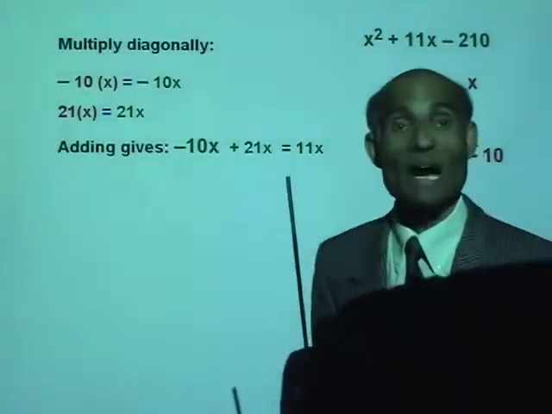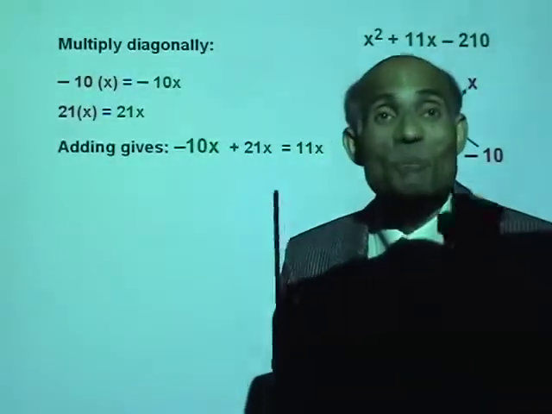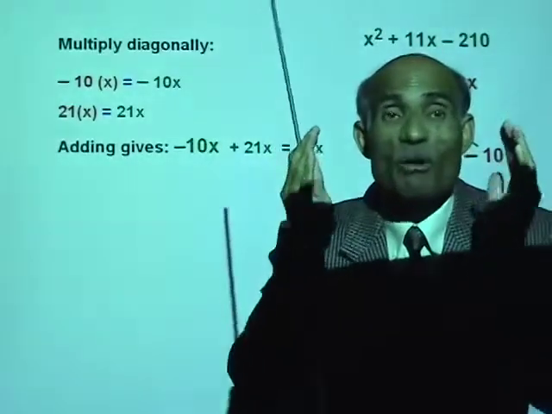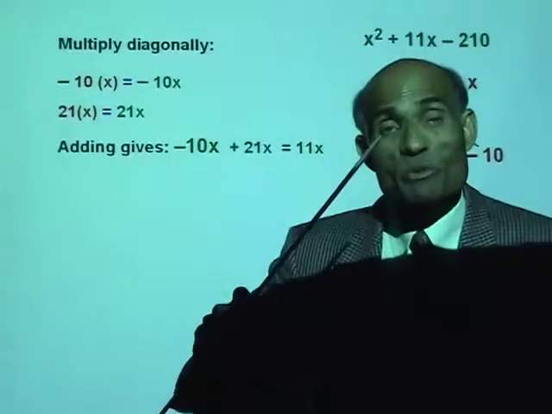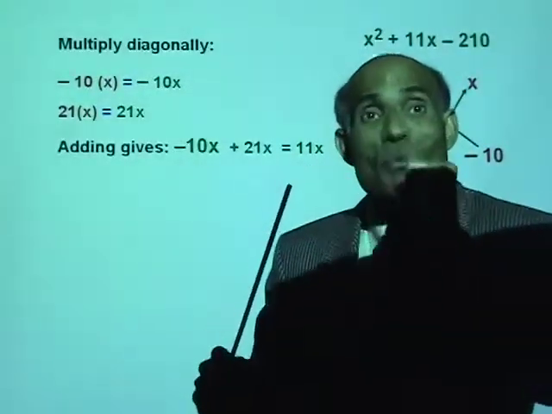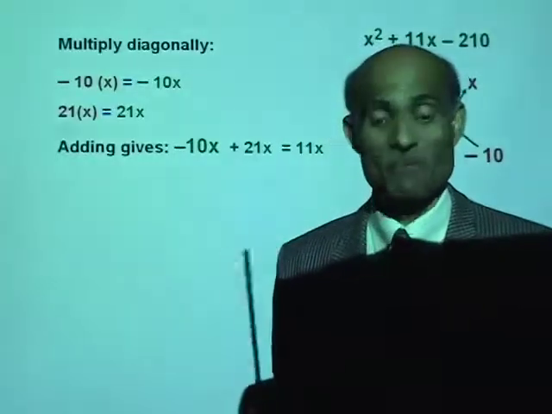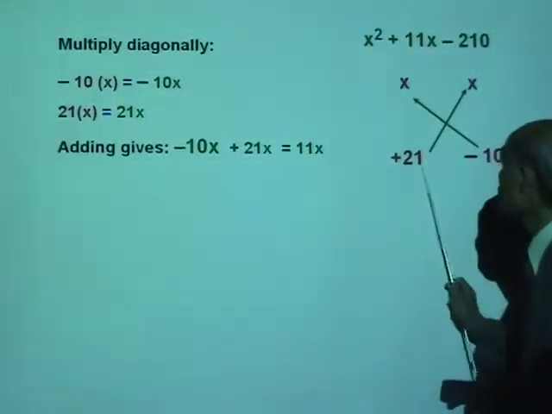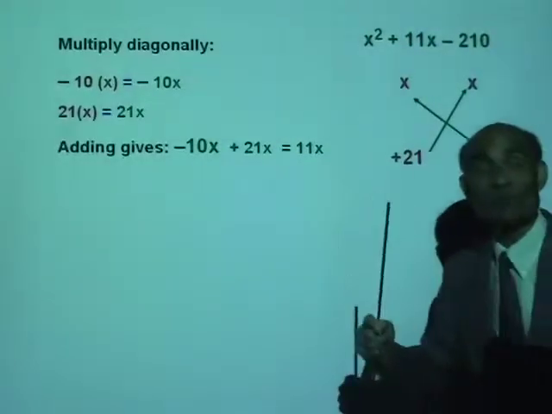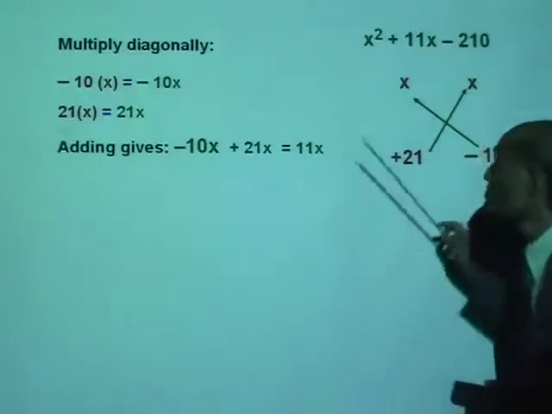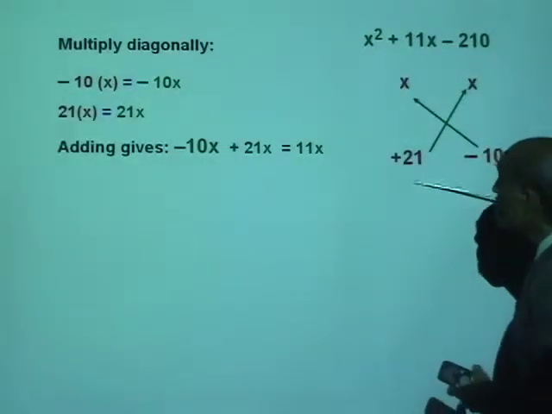Always remember that test must be done. When you arrange your factors, multiply diagonally and add, you must get the middle term. And once you get the middle term, you know that these are placed in their proper places. And all you need to do is pick your factors vertically.